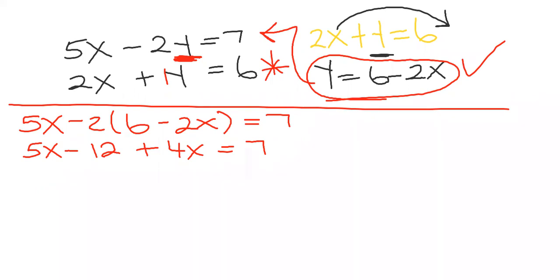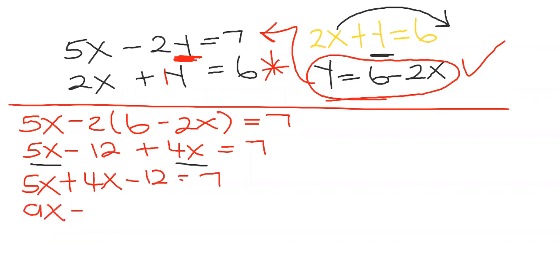And then we work out like terms. Our like terms are 5x and 4x. So 5x plus 4x minus 12 is equals to 7. 5x plus 4x gives us 9x minus 12 is equals to 7.